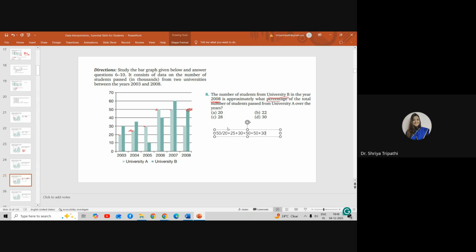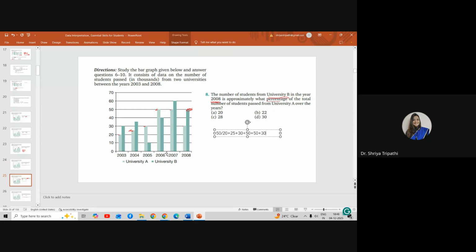What is this figure in the denominator? If anyone can answer that. 20 plus 25, 30, 50, 50, 30. 205. 50 divided by 205 into 100.